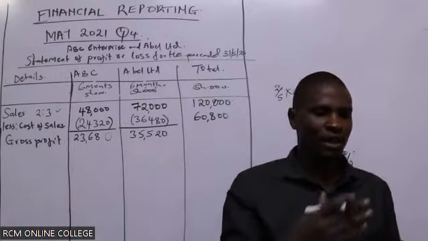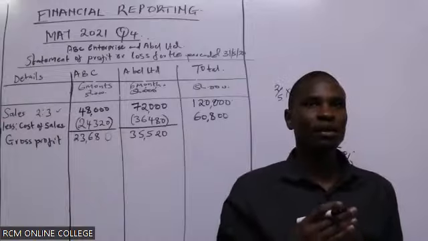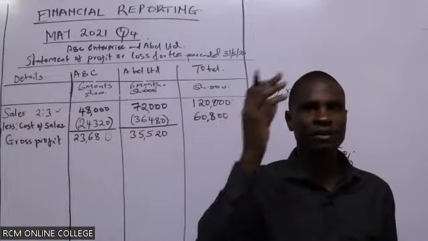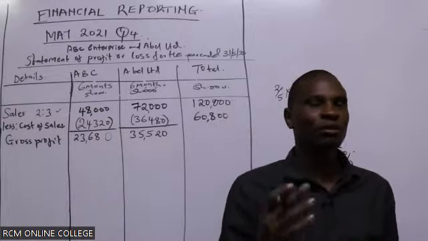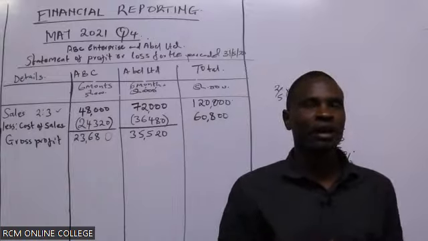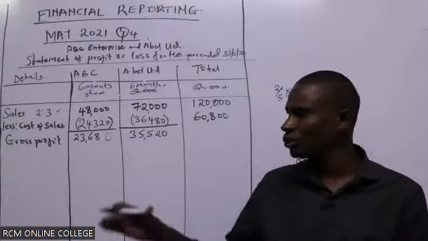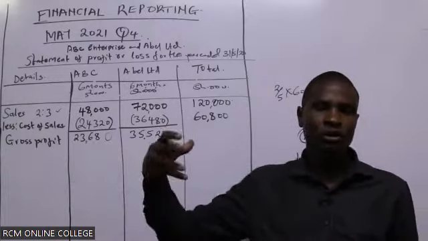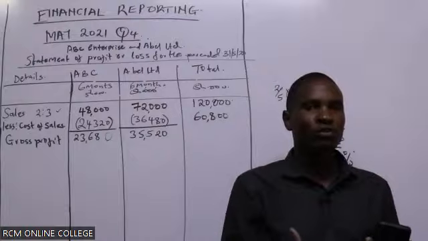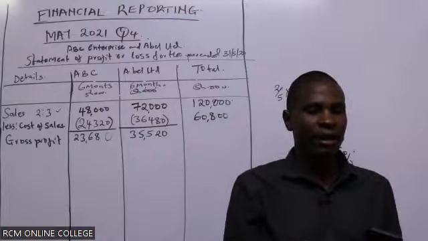Even before looking at the question, there's a format I want you to have in your mind. In a general income statement, once you get to that point, what else do you think will be the next step?